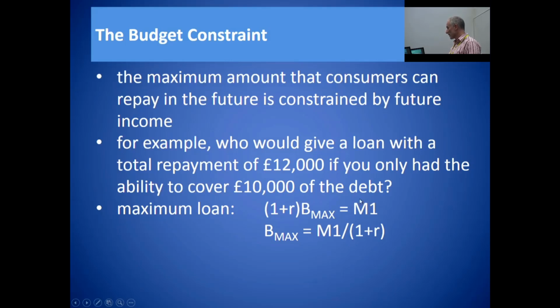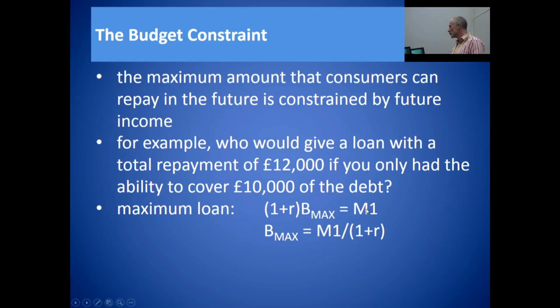And that, at the margin, is constrained by your future income M1. If your future income is £12,000, the maximum you can repay in the future is £12,000. It can't exceed that. So that is the absolute limit of your ability to borrow money.